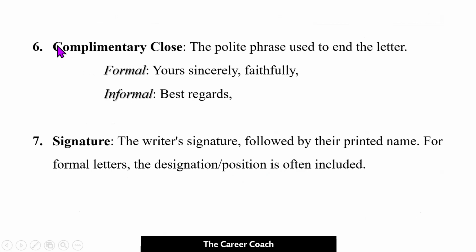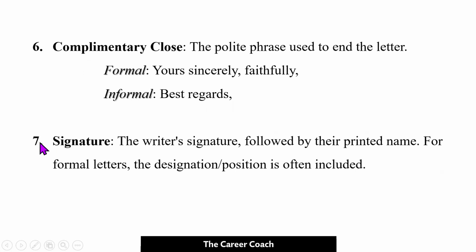Number 6 component of a letter is the complimentary close. It is a polite phrase used to end the letter. If it is in a formal situation, you will say yours sincerely or faithfully, usually followed by a comma. In an informal situation, the complimentary close is best regards, followed by a comma.